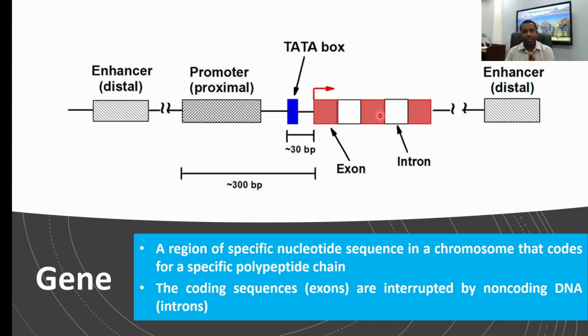And in a gene you will find other regions as well: enhancer regions, both upstream and downstream, a promoter region, and a very unique area called the TATA box. Okay, so in a gene you have both coding and non-coding regions.